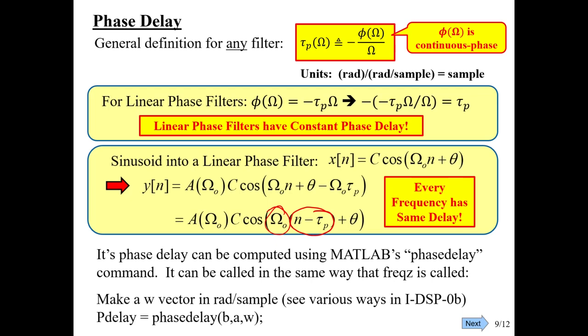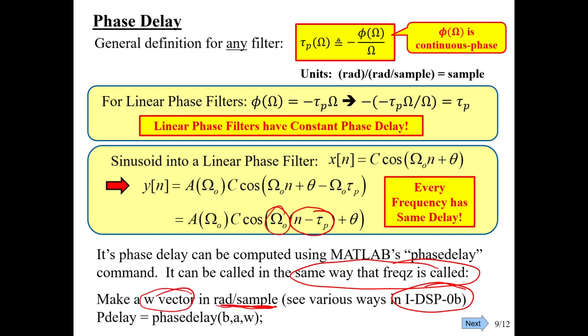Now, there is a command in MATLAB that will allow you to compute phase delay. And it's called in pretty much the same way that freqz is called. And like I said in the review, I-DSP-0b was one of the review videos. I said there's various ways to call freqz, and I also told you about my philosophy. Learn one very general way to call freqz and just stick with that. And so my way of doing it is I create a vector that's in radians per sample.